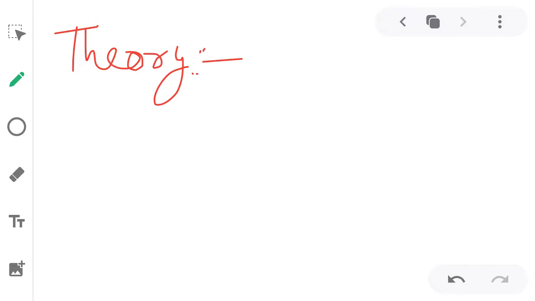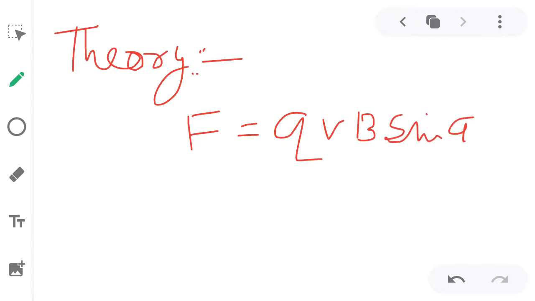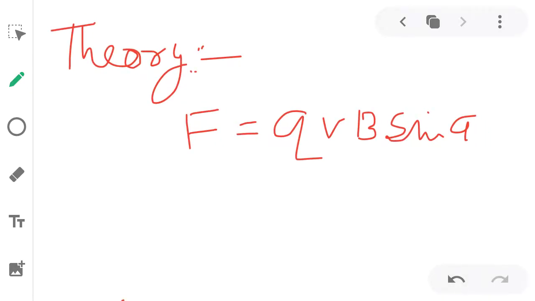So this force F is equal to qvB sine 90 degrees, because v is velocity, B is magnetic field, q is the charge. The angle between the velocity vector and B is 90 degrees, so sine 90 is 1. So the Lorentz force is qvB.